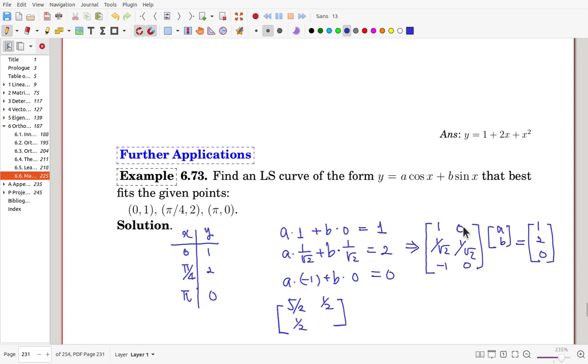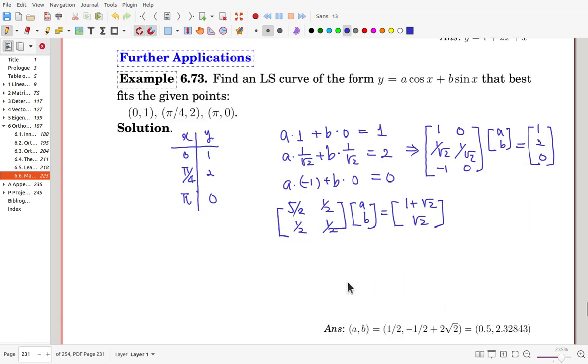Then the dot product of the second column with itself will make half. Now the parameters A and B, and the right side: we take the dot products with 1, 2, 0, which gives 1 plus square root of 2. And for the second column, this dot product gives square root of 2.